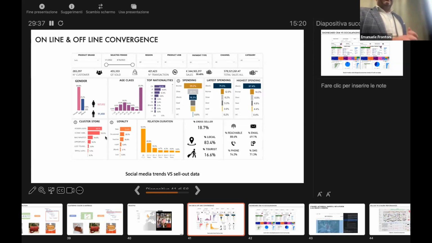That means that even if everyone is discussing red bags, probably you have no red bags in the stores, or you have no red bags online, or you have no promo for the red bags in your communication activities. And this is a big problem, because if you are looking at Instagram to understand trends, and then you are not able to follow this trend with your real supply chain, you are getting in trouble.